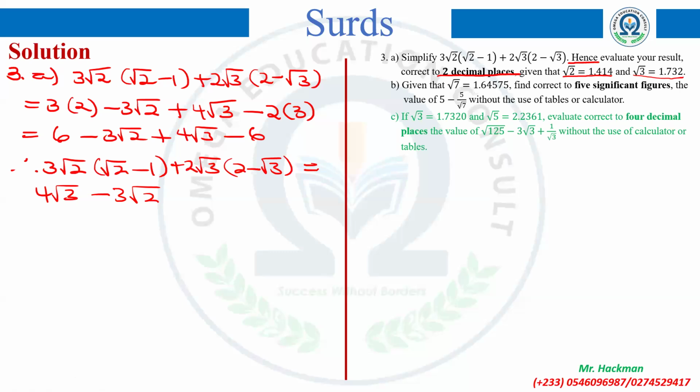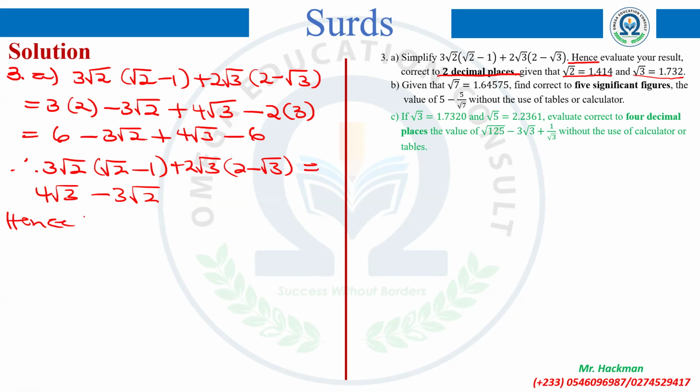Okay, great. All right, so this is it for the first part of the question. Now, the second part of the question, we are going to write hence. So we're going to draw our conclusion. So hence, we said we are supposed to evaluate our result here, using these two values.